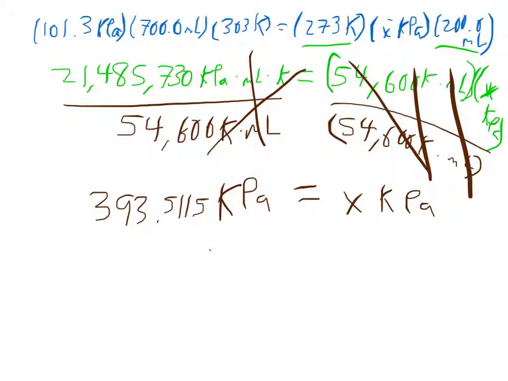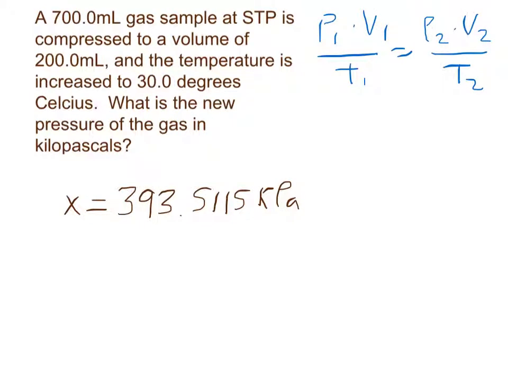Alright, now we need to go back and check what are the correct number of significant figures that we should use for a final answer in this problem. Looking back at the original problem, you can see there's 4 significant digits here, there's 4 significant digits here, and there's 3 significant digits here. So the final answer should be up to 3 significant digits.